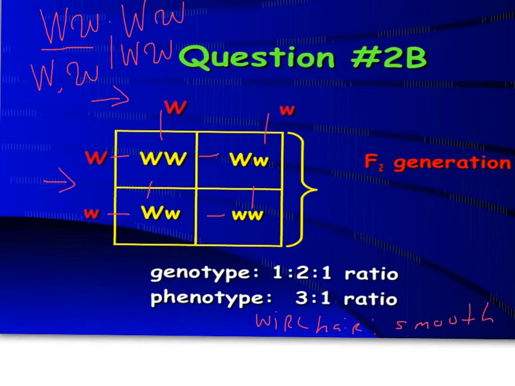When we look at our genotype ratios, what we're looking at is the actual letters. So we have one where we have big W, big W, we have two where we have big W, little w, and we have one where we have little w, little w.